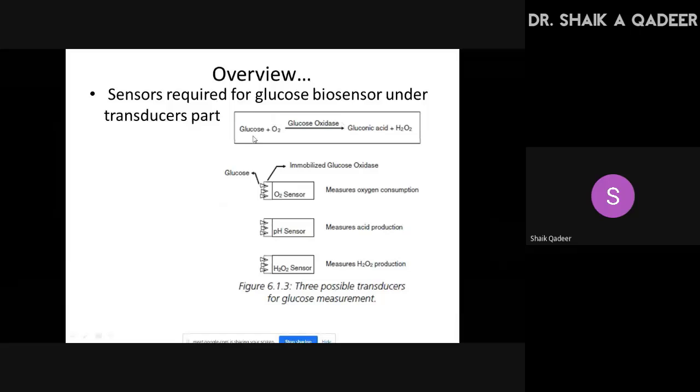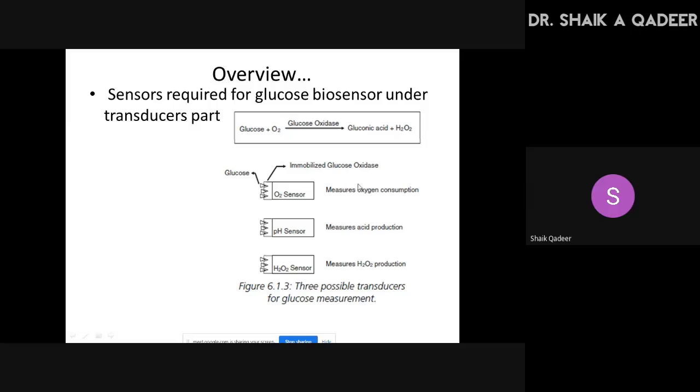When blood glucose is mixed with oxygen and the catalyst used is glucose oxidase, then on the right-hand side you will get two products. One is gluconic acid, and the second one is H2O2.